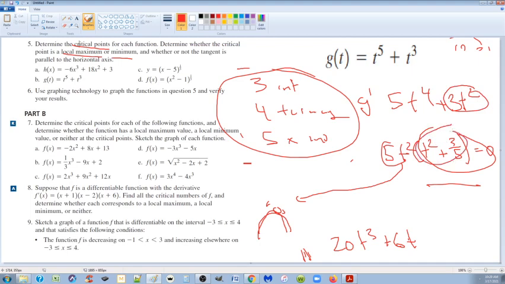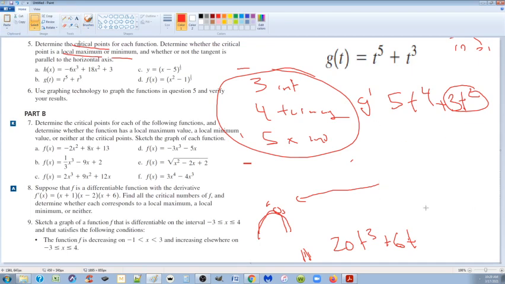That is impossible. So that's interesting. So that doesn't exist. Let me make sure of my values again. So I'm going to set this equal to 0.